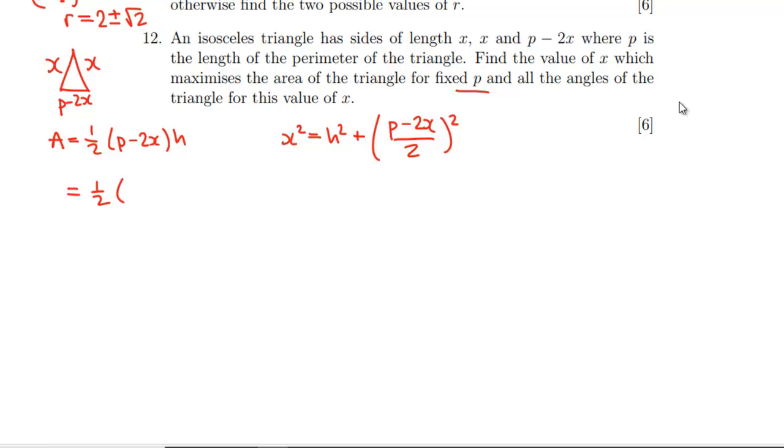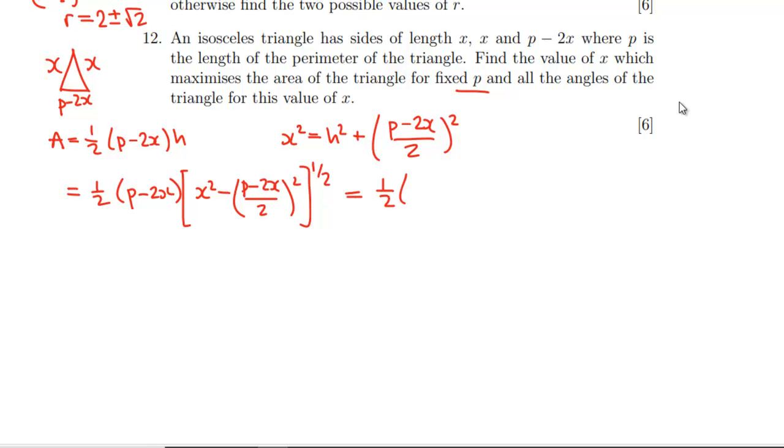A half, we are getting 6 marks, and I suppose it's not particularly complicated algebra to do this. x squared minus ((p minus 2x) over 2) all squared, and that's to the half. So yeah, let's square out the thing that's on the inside.